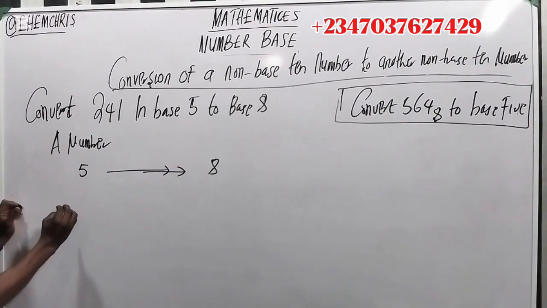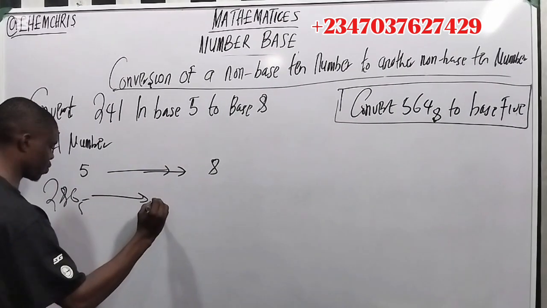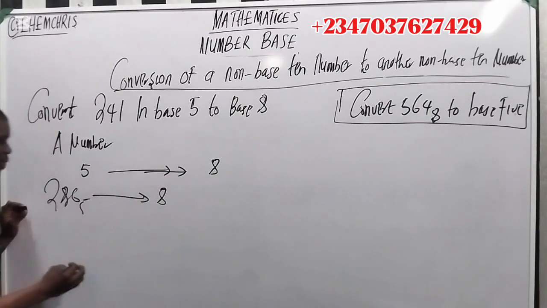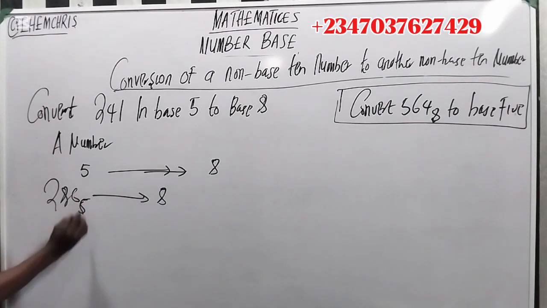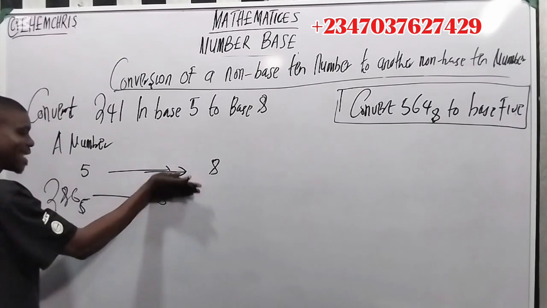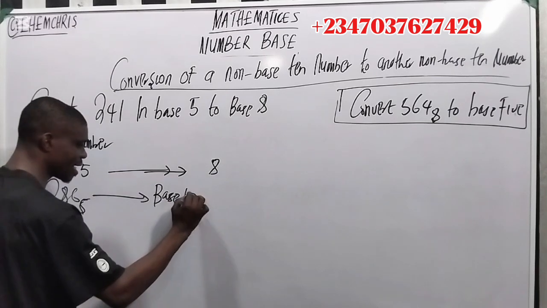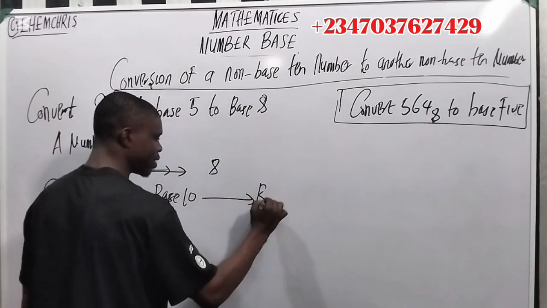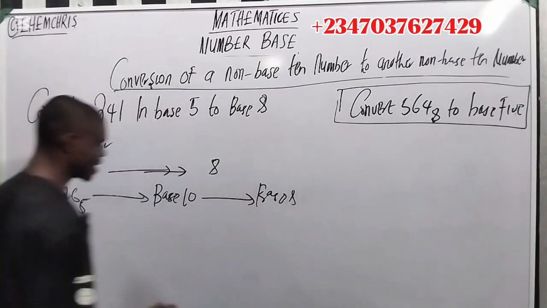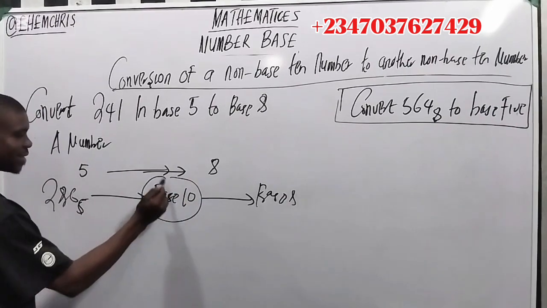Like convert 2865 to base 8. Now you cannot just fly from here. There is a link between them. Before you can get here, you must first have base 10, before you get to the outward base, base 8. So the intermediate that links the two of them is base 10.